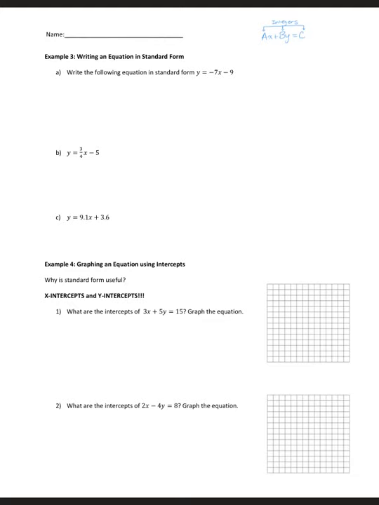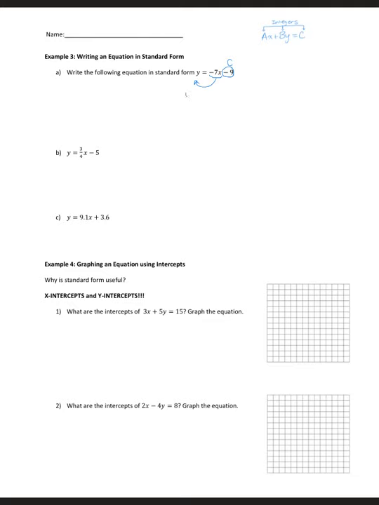Okay, so if I look at example 3, writing an equation in standard form, write the following equation in standard form. Okay, so standard form, we have x and y on both sides with the constant on the other side of the equal sign. So if I look at y equals negative 7x minus 9, the constant is going to be the negative 9. That's our c. Okay, which means that I need to move this guy over here.